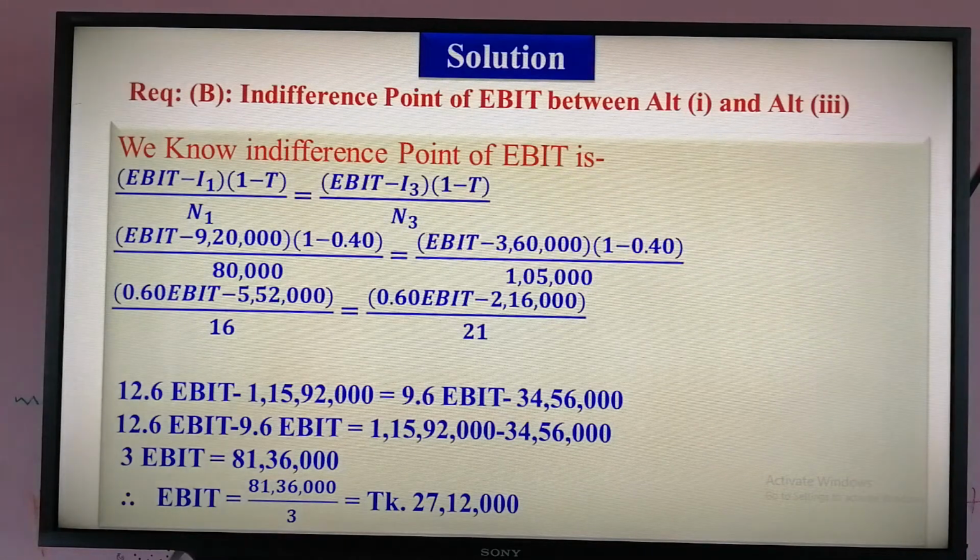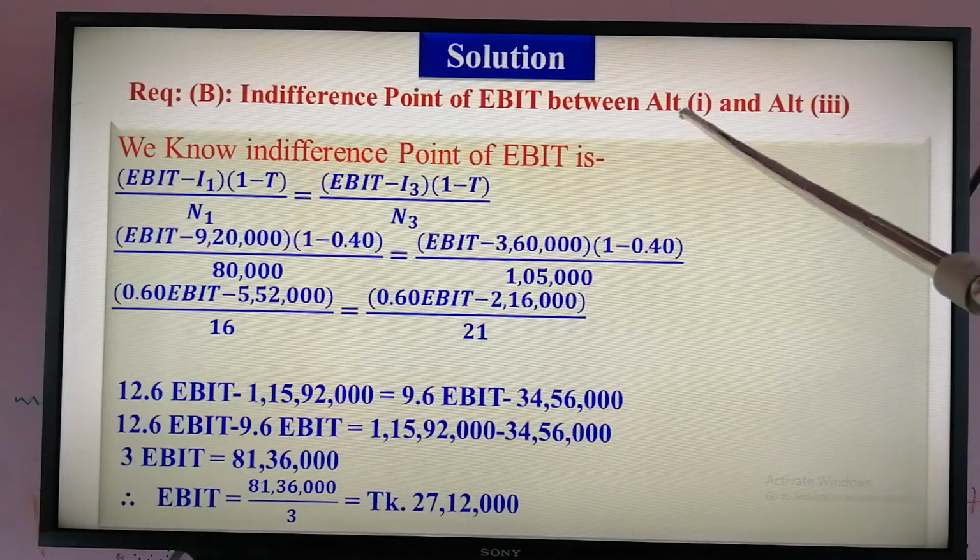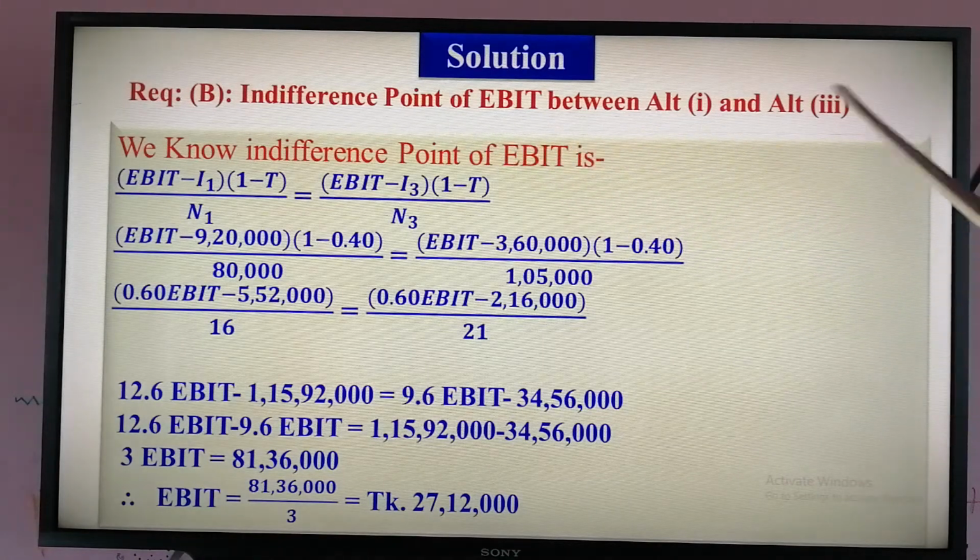The formula is (EBIT minus I1) times (1 minus T) minus PD, but I didn't write it here because only alternative 2 has PD, and we have to show the indifference point of EBIT between 1 and 3.